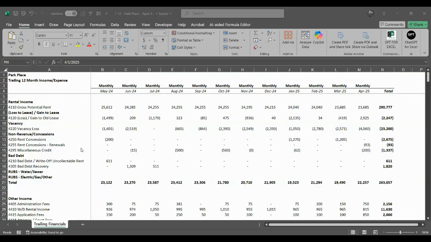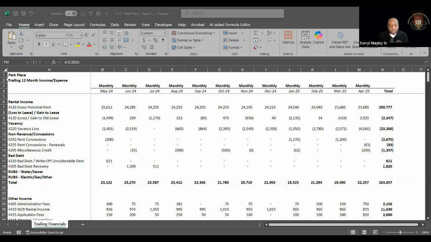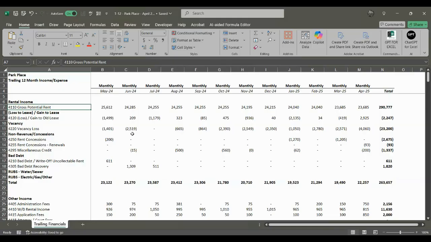So let's take this piece by piece. You've got the gross potential rent. Does everyone understand what the gross potential rent is? Yes, that's if all the units are filled and everybody pays their required rent on time.